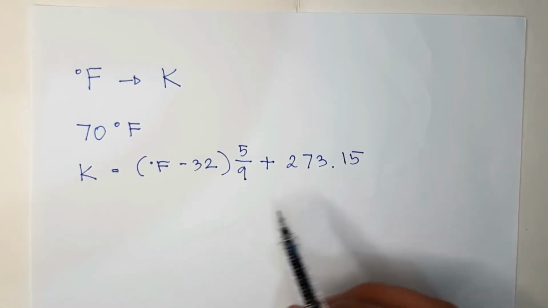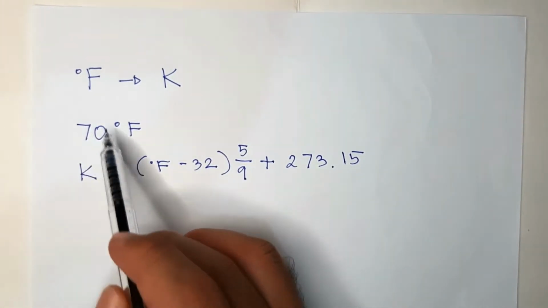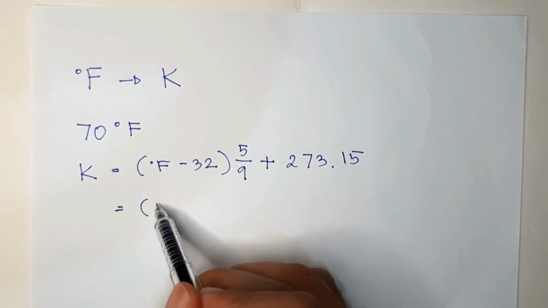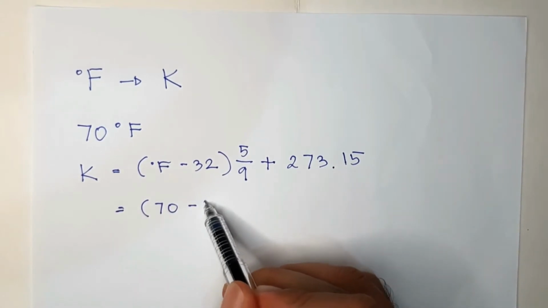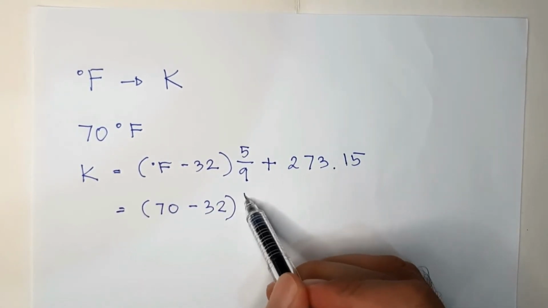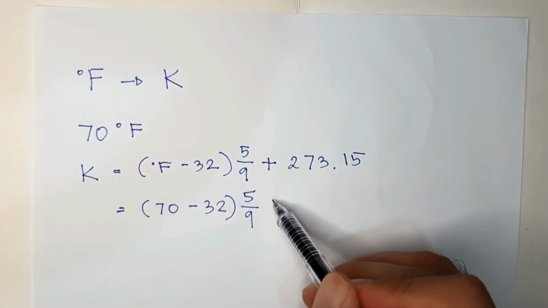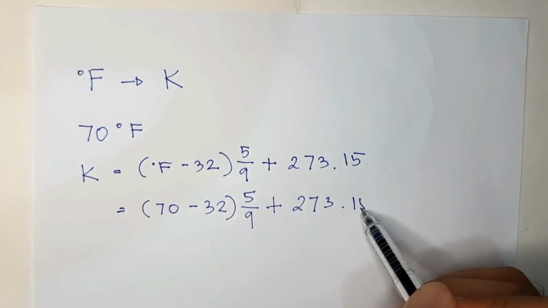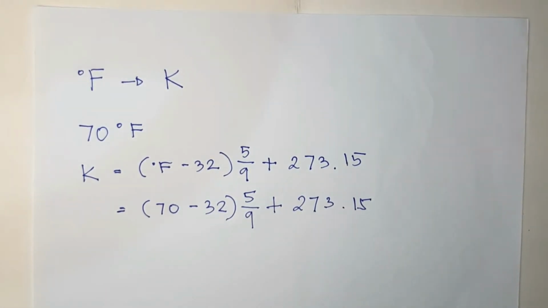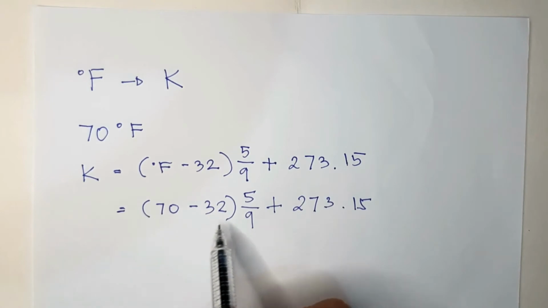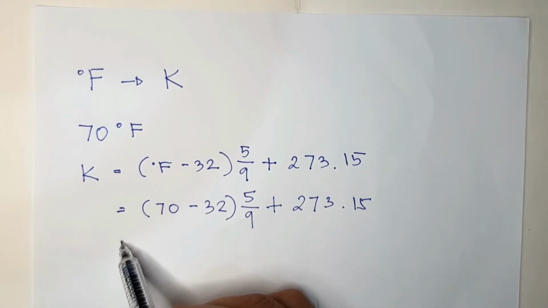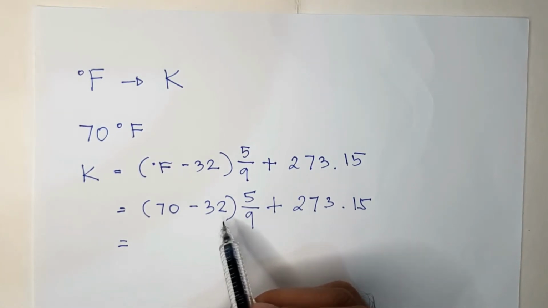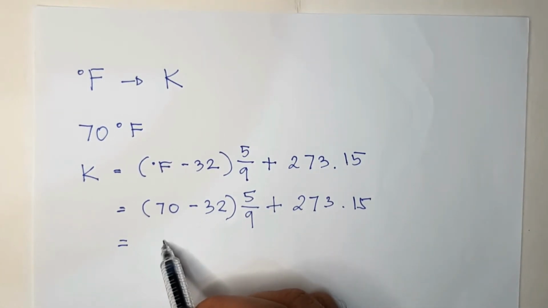So we're just going to plug in 70 over here. So we first subtract what's inside this one. So 70 minus 32 is 38.